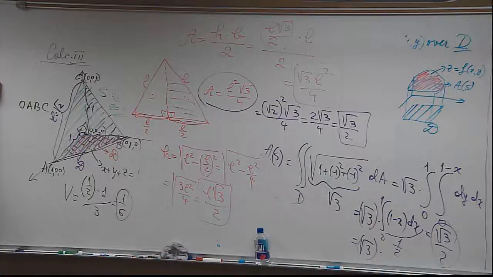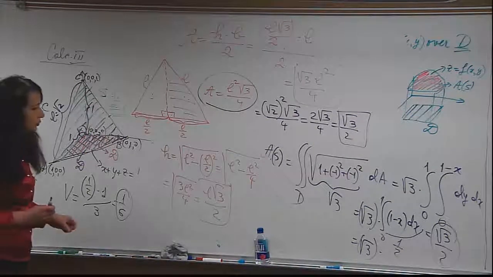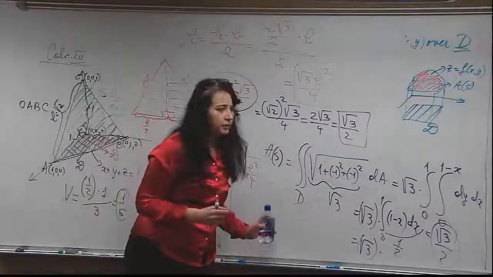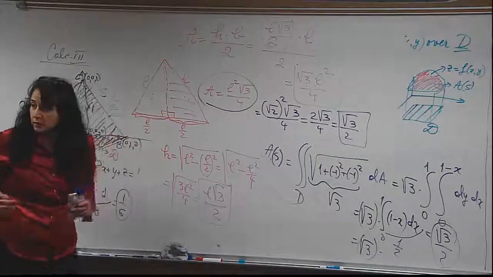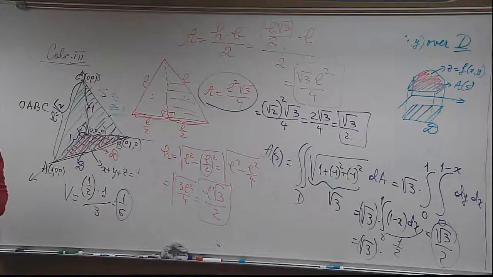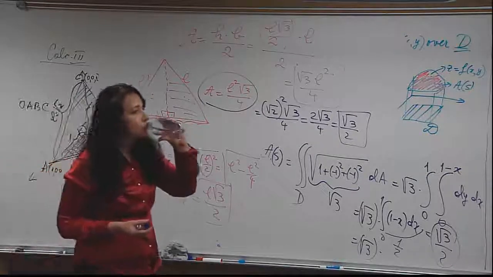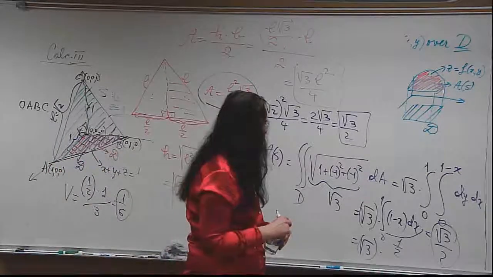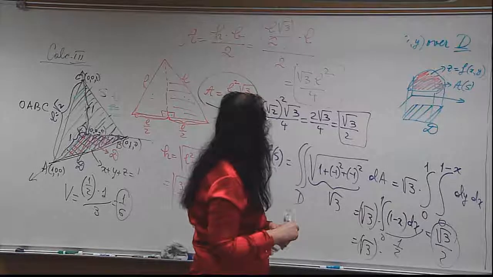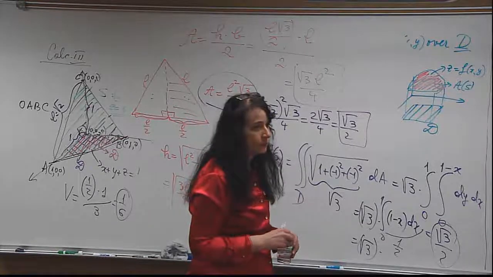If you can do it by another method, whether to stick to that elementary method, or to just check your work and say, is it really square root of 3 over 2? You're allowed to do that. Questions? So then the length would be square root of 2 squared, which is 2. 2 divided by 4 is the square root of 3 over 2.